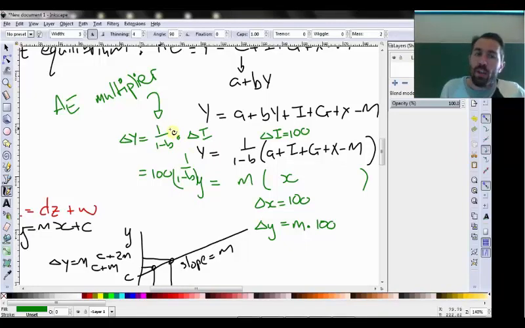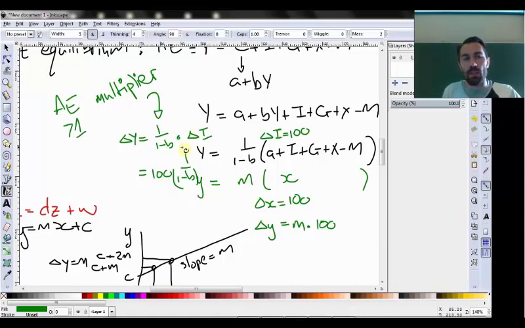And then what is 1 divided by some number that is less than 1? Is it less than 1 or greater than 1? It's greater than 1. Okay, we're back on our maths game, right? The multiplier is greater than 1. Are you happy with that? The aggregate expenditure multiplier is greater than 1. Why is it greater than 1? Because the value of b is less than 1. Yeah?